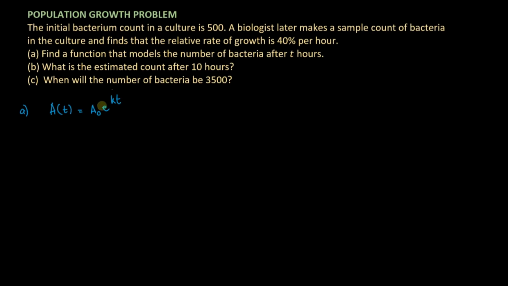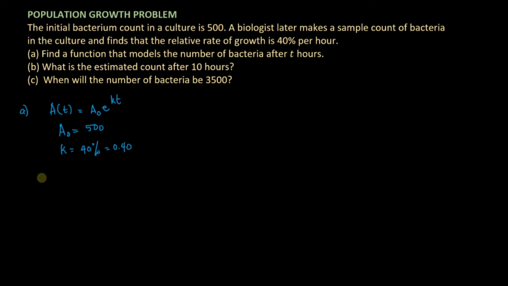The initial number of bacteria is 500, therefore that is A sub 0. We have 500 and we have the relative rate of growth of 40%, so that is k. 40% in decimal is 0.40.